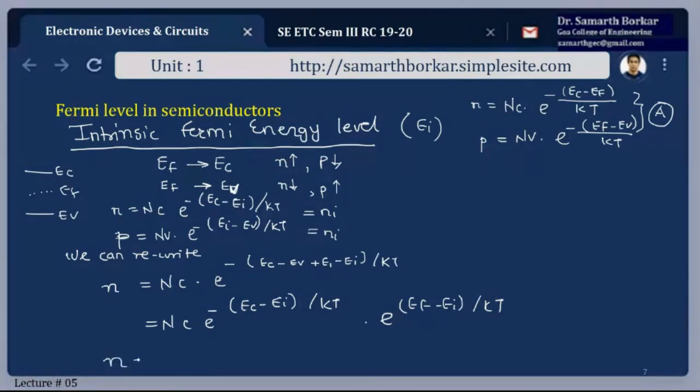So N equals Ni. From our previous discussion, we have calculated the value of Ni, this value, into e raised to (EF minus EI) by KT.